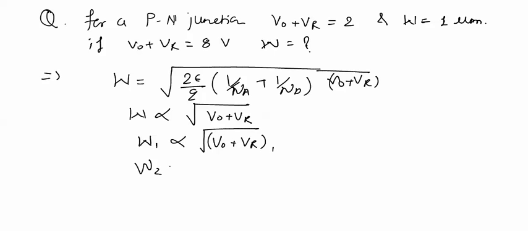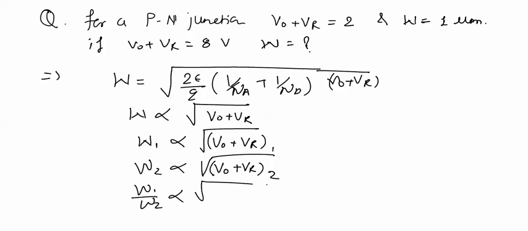If depletion layer width is W2, then voltage will be V naught plus Vr2. Dividing both the equations, W1 upon W2 is directly proportional to root of V naught plus Vr1 divided by V naught plus Vr2.